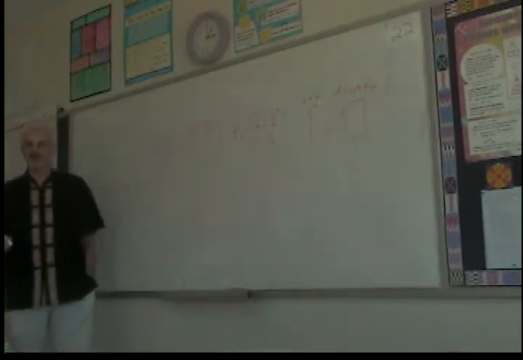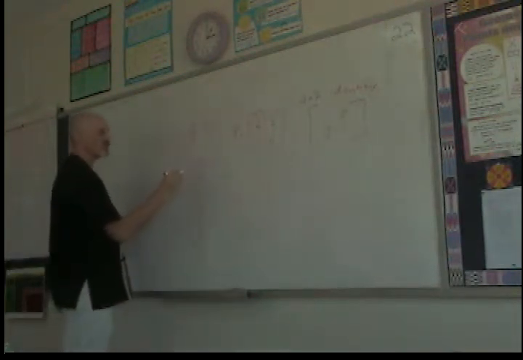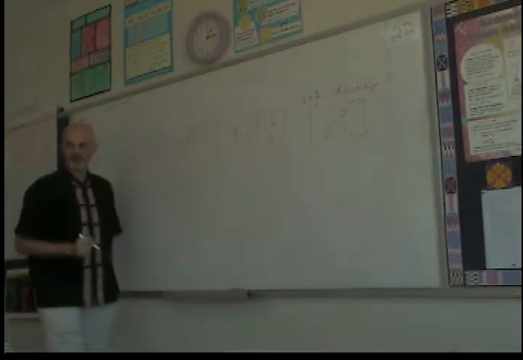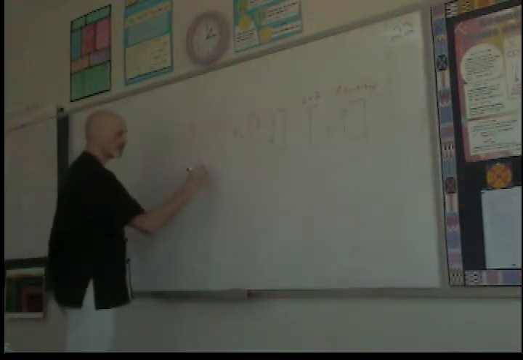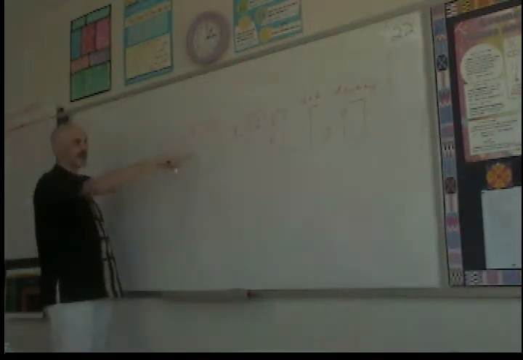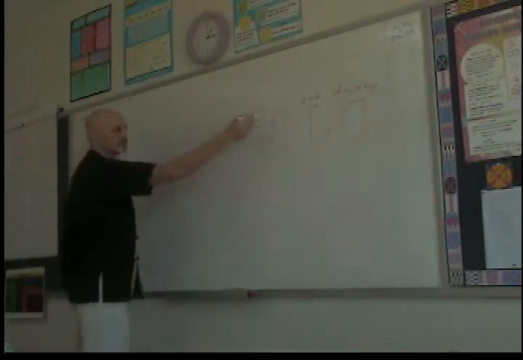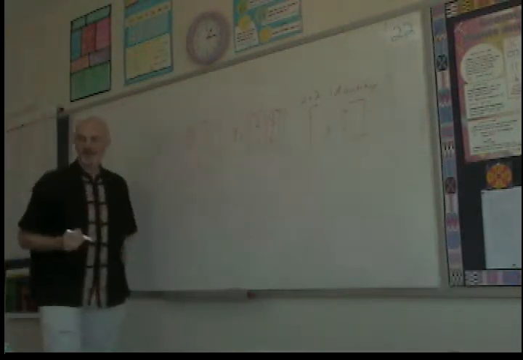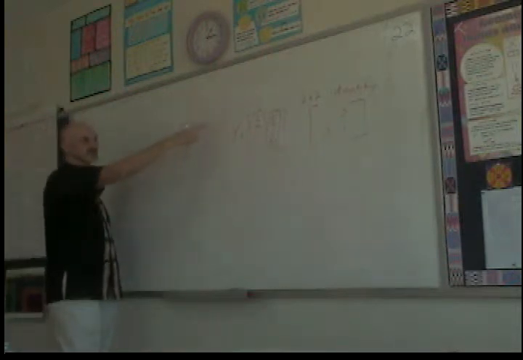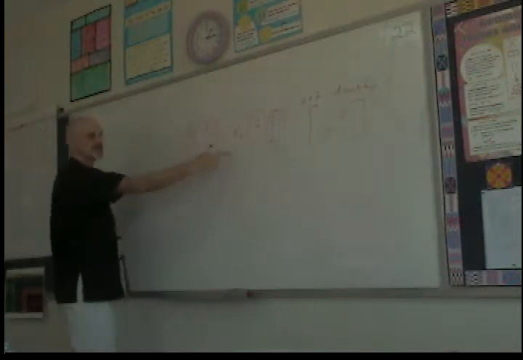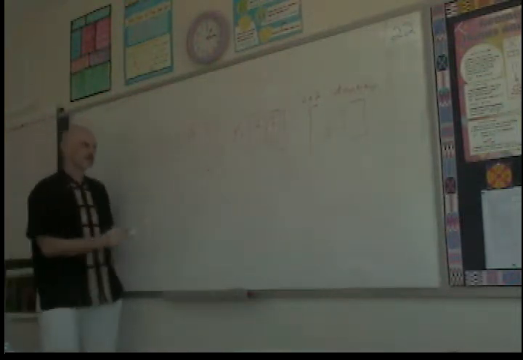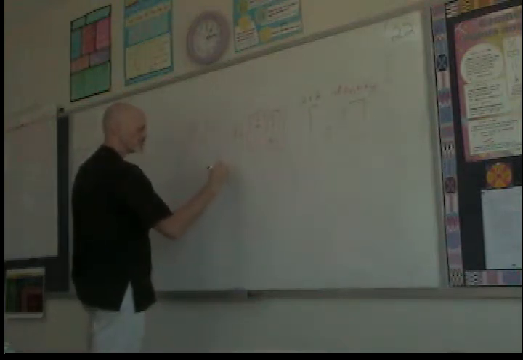2 times 1/2. 2 times -1, -2. Now we do the row times the second one. 2 times 1/2. 2 times 1/4. We'll just keep it in fractions here.